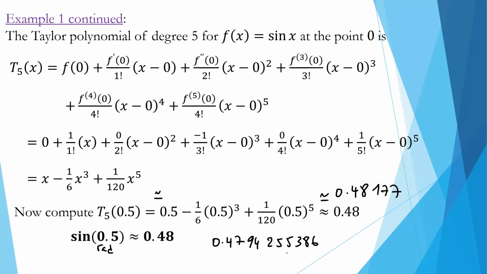So at 0.5, the Taylor polynomial of degree 5 gives an approximation of the function f up to 10 to the minus 2, two digits after the decimal point. Is the quality of the approximation fine with you, or do you need a more precise result?